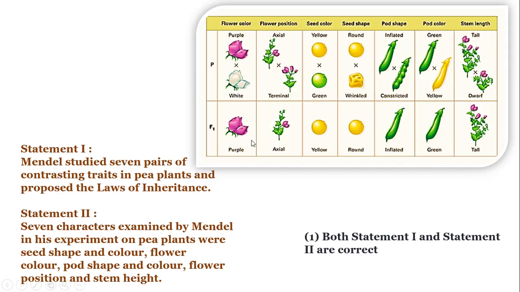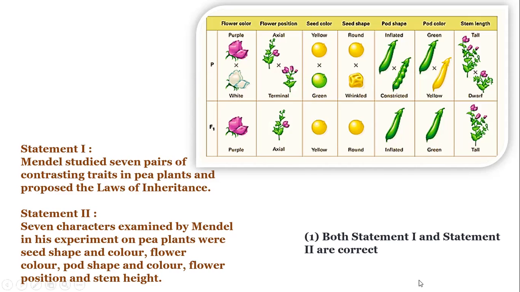So he carried out crosses, and out of these 2 traits, the dominant trait was expressed in the first generation, and in subsequent generations, the recessive trait was expressed depending upon the genes which came together, right? So according to Mendel, one gene from each parent is inherited, and the segregation of parental genes was studied by him in subsequent generations, and it was tracked through several generations, right?